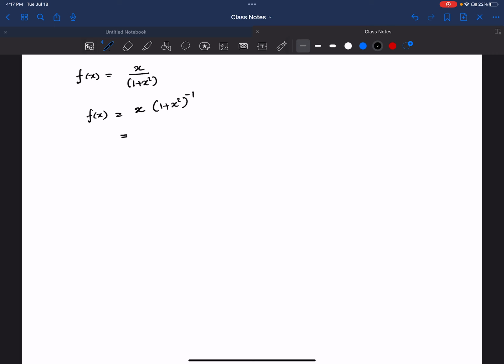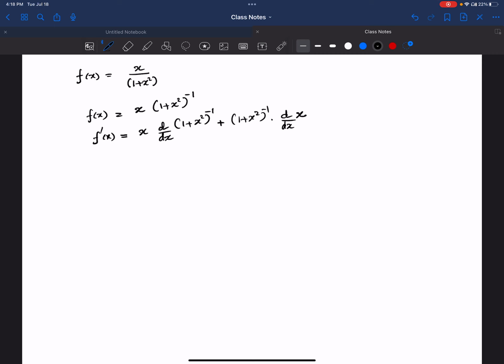I can find f prime x, right? x times d over dx of 1 plus x squared to the power minus 1, plus 1 plus x squared to the power minus 1 times d over dx of x.